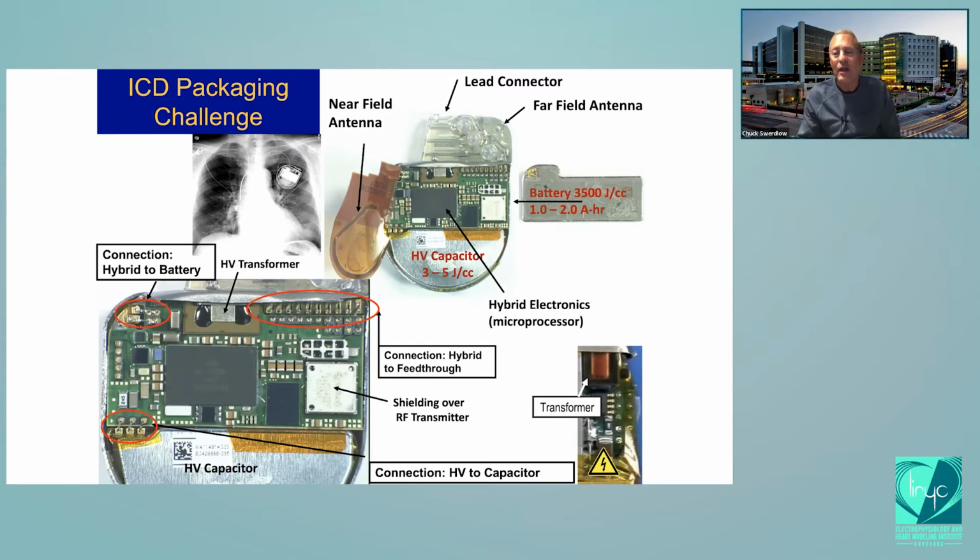The answer is energy density. The energy density of energy in a battery, stored as chemical energy, is about 1,000 times the energy density of energy in a shock capacitor. So the reason we don't do that is you'd only have enough energy to deliver one shock, and you couldn't run any of the low voltage components in the device that keep it operating and keep it thinking.